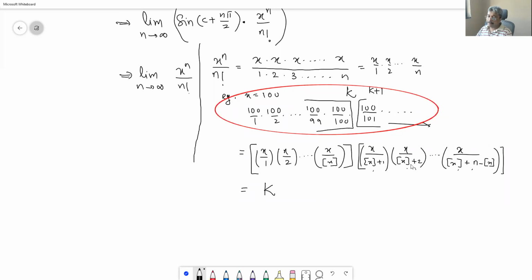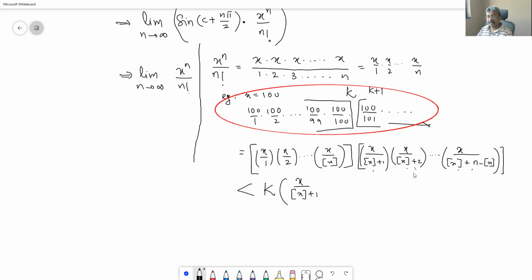So if I replace all the brackets after the first bracket by the first bracket, I am creating a strict inequality of the kind less than. Do you agree? And then I am writing x upon greatest integer x plus 1.